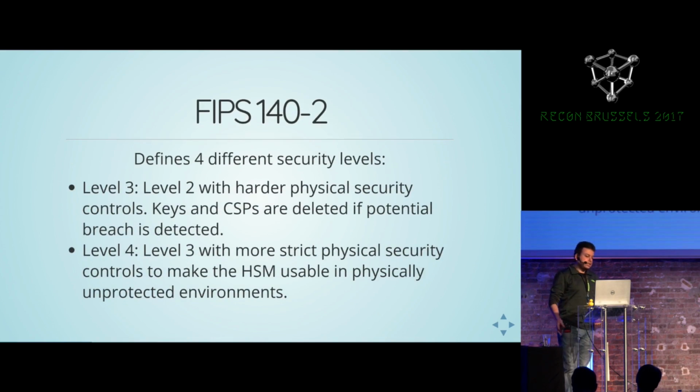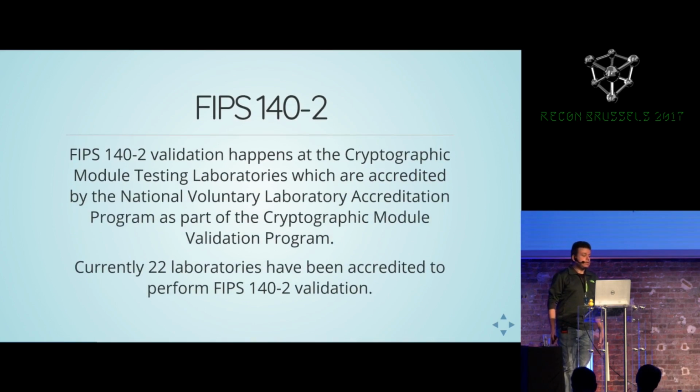Level 3 has more physical security controls. Level 4 is about HSMs that can be used in physically unprotected environments. There's a special program, the Cryptographic Module Validation Program, where 22 laboratories are accredited to make this type of validation for HSMs.